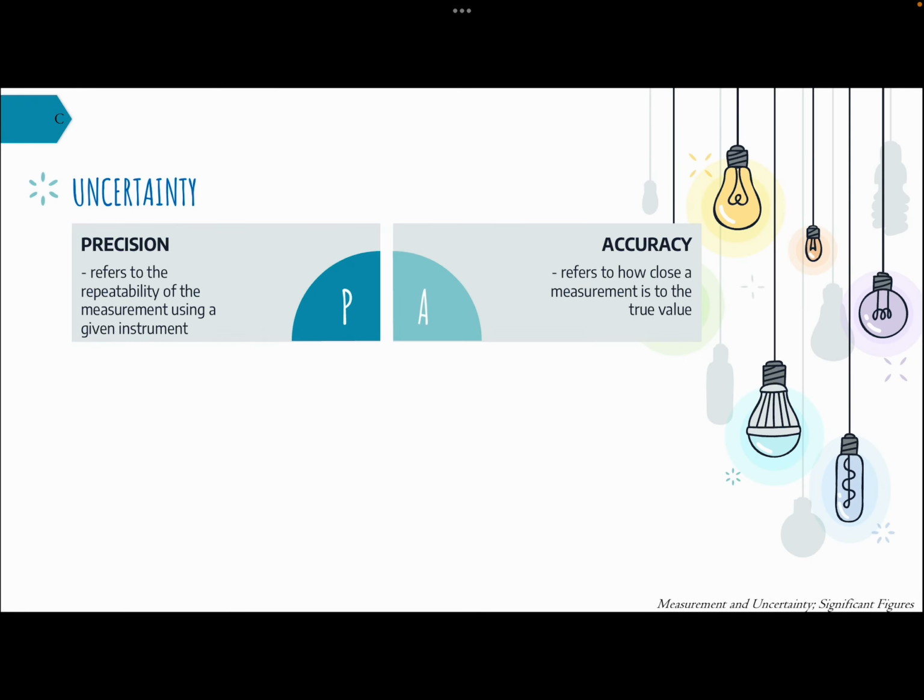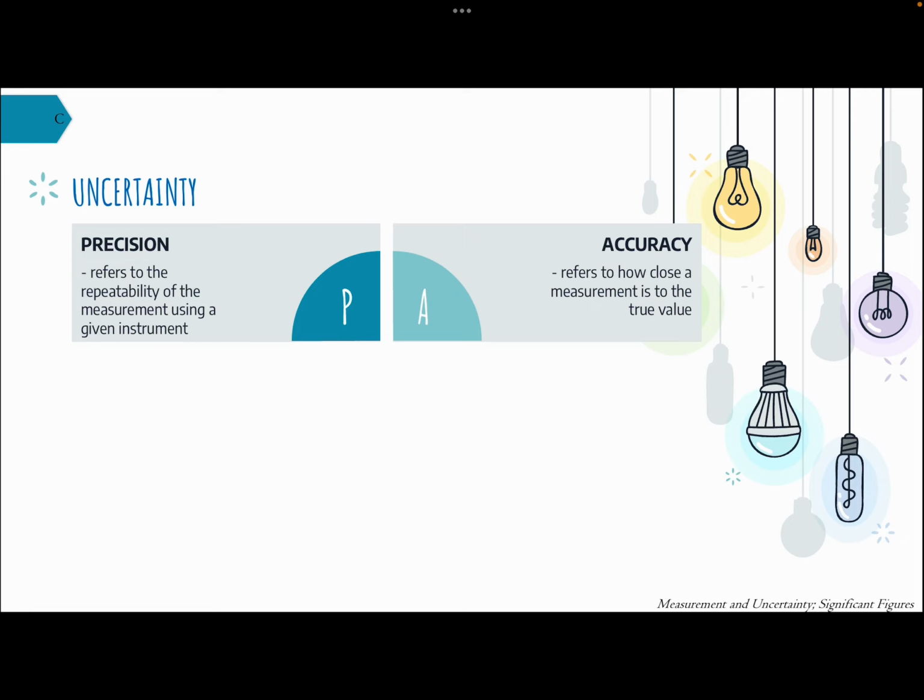So, we're done with standards and units. Let us now discuss measurement and uncertainty, and also significant figures. So, in physics, accurate and precise measurements are important. But actually, no measurement is absolutely precise.